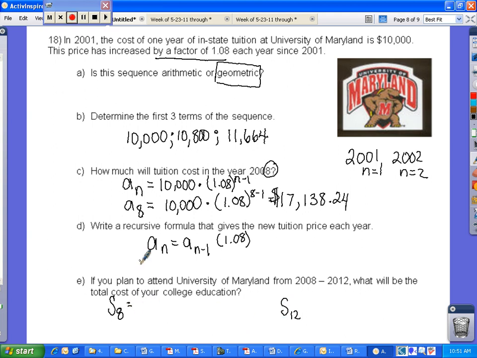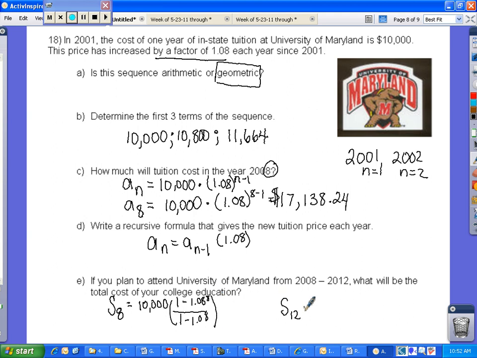So if I take the sum of the first 8 years, then I'm going to use the formula a sub 1, which in this case the first year is 10,000. And I'm going to multiply it by 1 minus the rate, which in this case is 1.08, raised to the power of n, which in this case is 8, all over 1 minus the rate, 1.08.